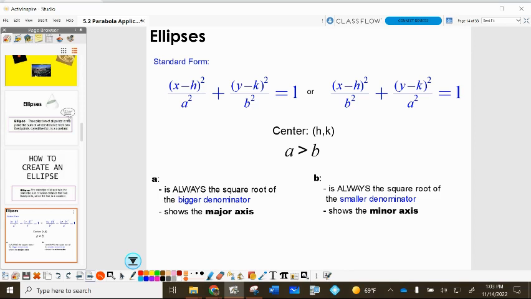It's always a greater than b, and we have a plus sign between the terms. So a is always the square root of the bigger denominator, and it shows you which axis is the major axis. If the bigger number is under x, the major axis will go in the horizontal direction. If the bigger number is under the y, then the major axis will go in the vertical direction. b is always the square root of the smaller denominator. It shows which is the minor axis because it is smaller.